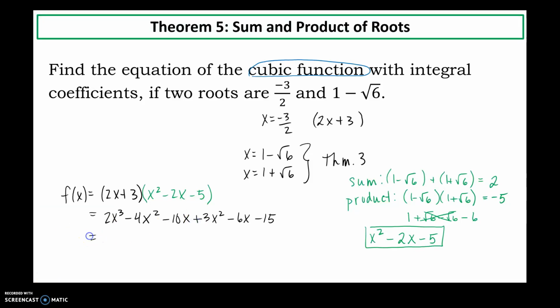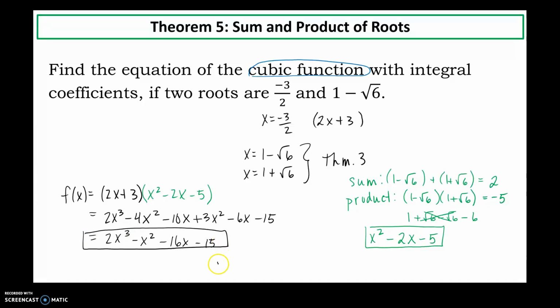All right, combining like terms, 2x cubed, negative 4 plus 3 gives me a negative x squared, negative 10 minus 6, negative 16x, minus 15. So here's my cubic function with those 3 roots.